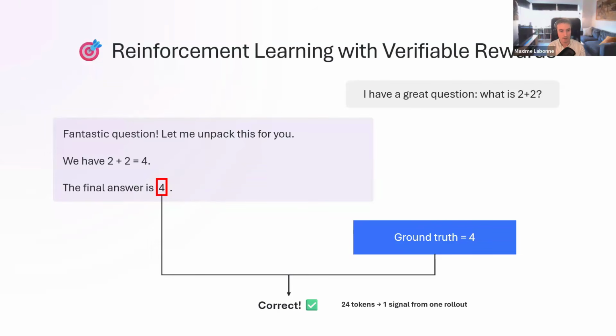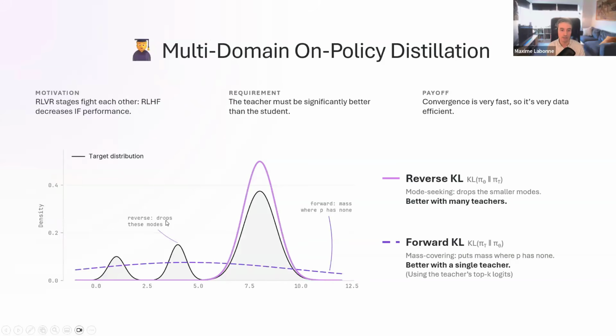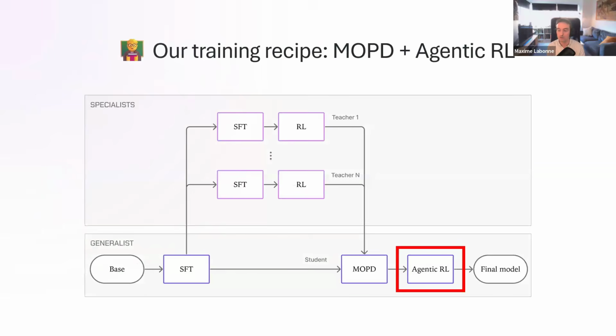Okay, next question. Is the MOPD sequential distillation from one teacher to the next, or do we interleave teachers? It can be anything. Basically, it's a very loose naming convention, and different labs have different implementations of it.